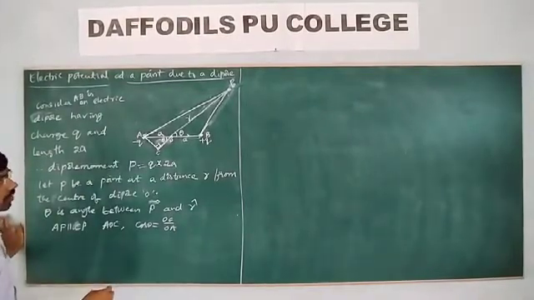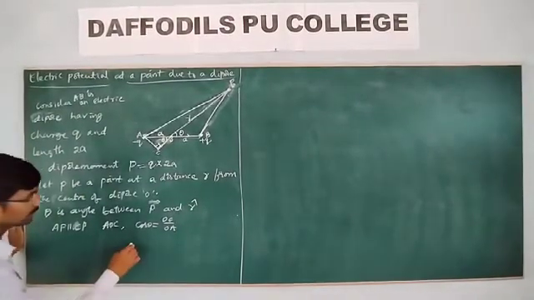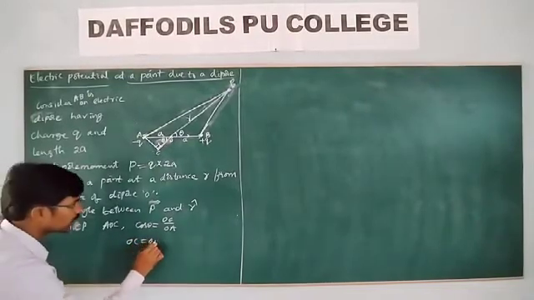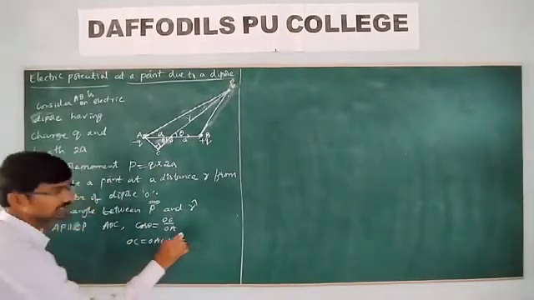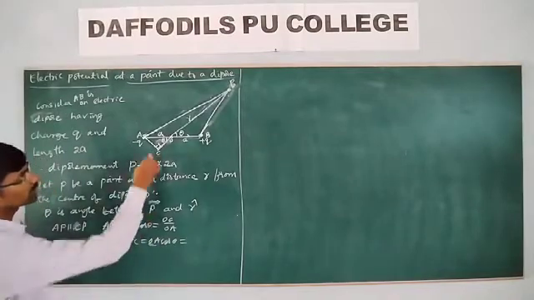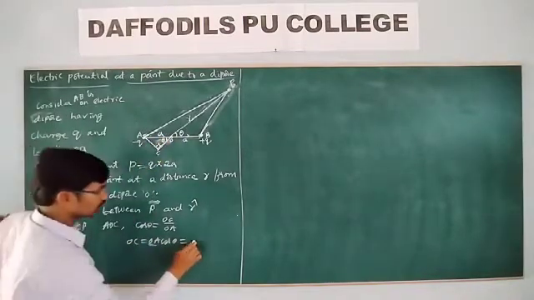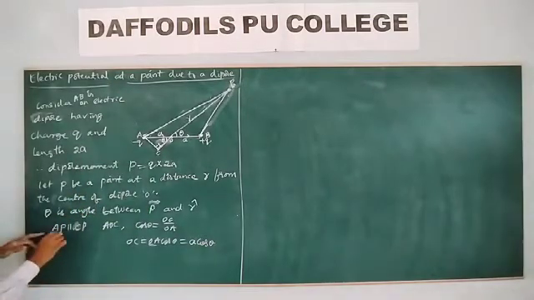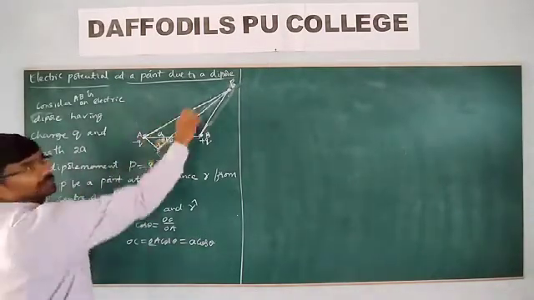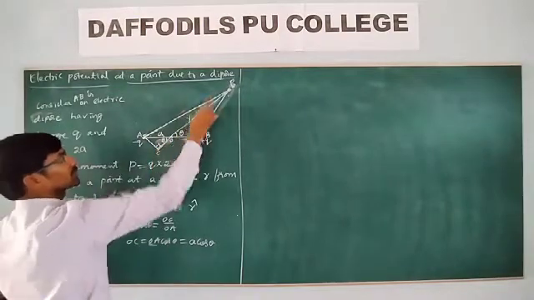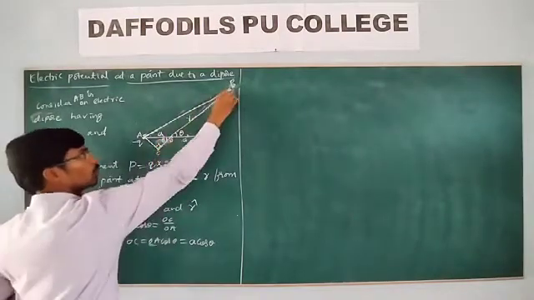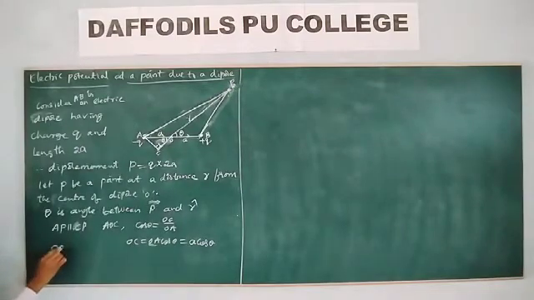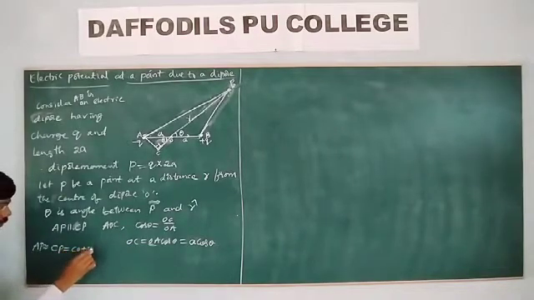So OC is OA cos theta, where OA is a. Now CP is equal to CO plus OP.